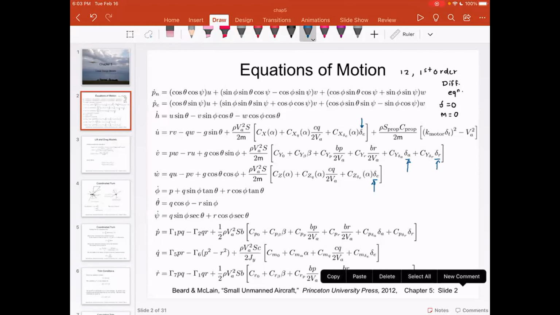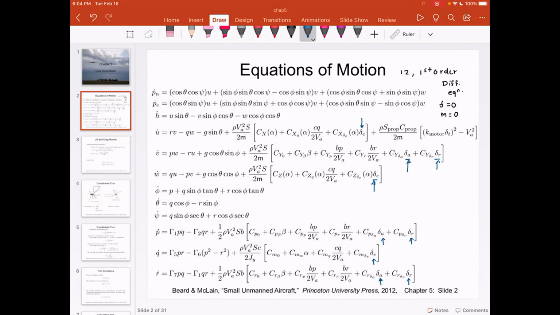I'm going to outline the control surfaces, and these are very important because in the simulation, you can change these control surface values, and your aircraft will yaw, roll, or pitch.